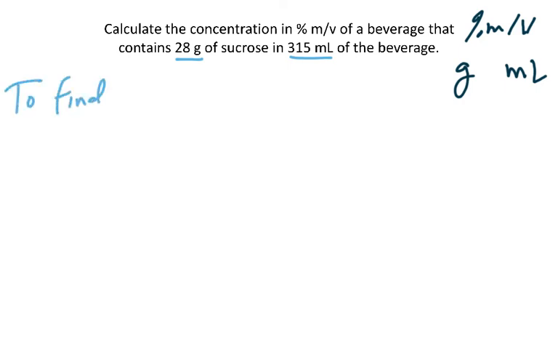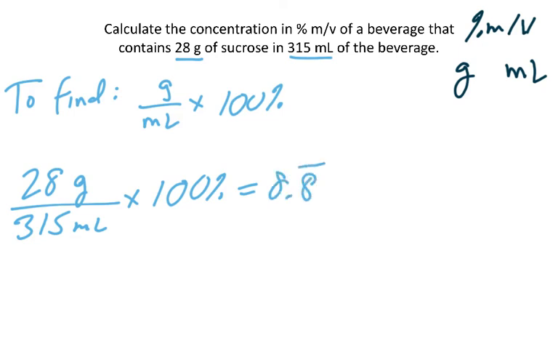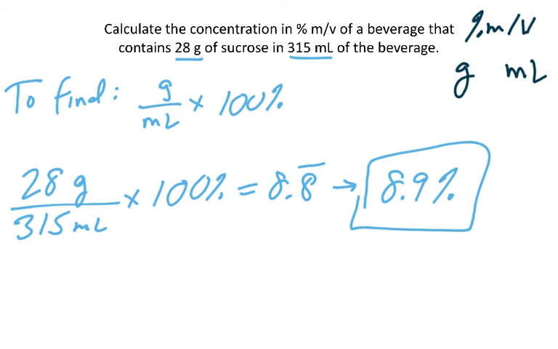To find, remember this from your notes, percent mass/volume, take grams over milliliters times 100. So here, we can just take 28 grams over 315 milliliters times 100% equals 8.8 repeating, so 8.9%.